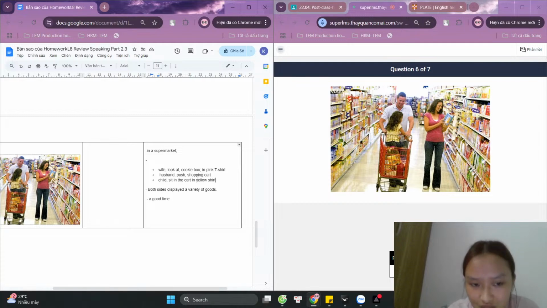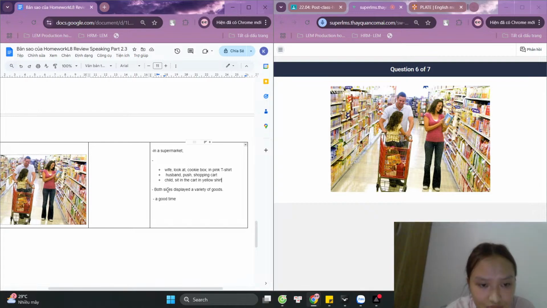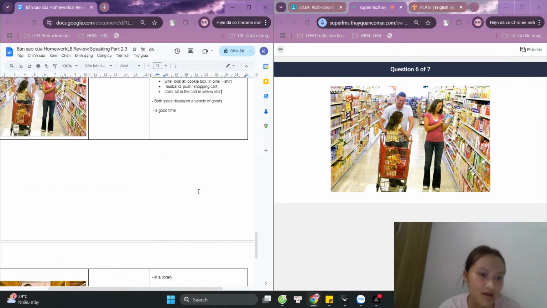On both sides, shelves display a variety of foods. It looks like a good time.